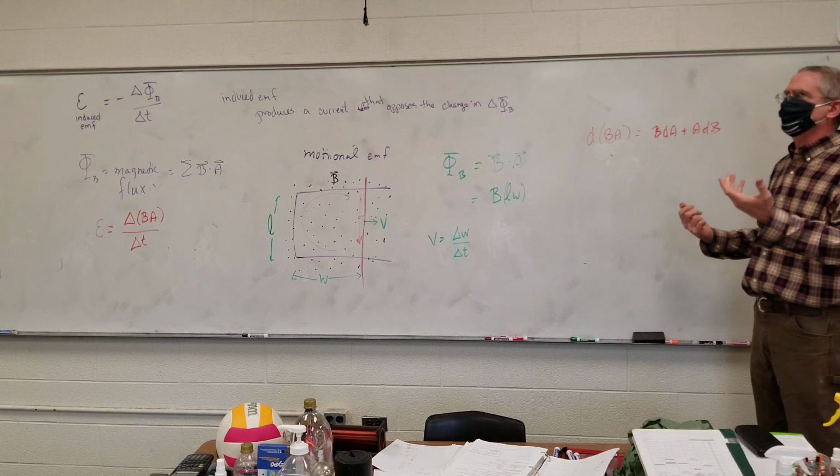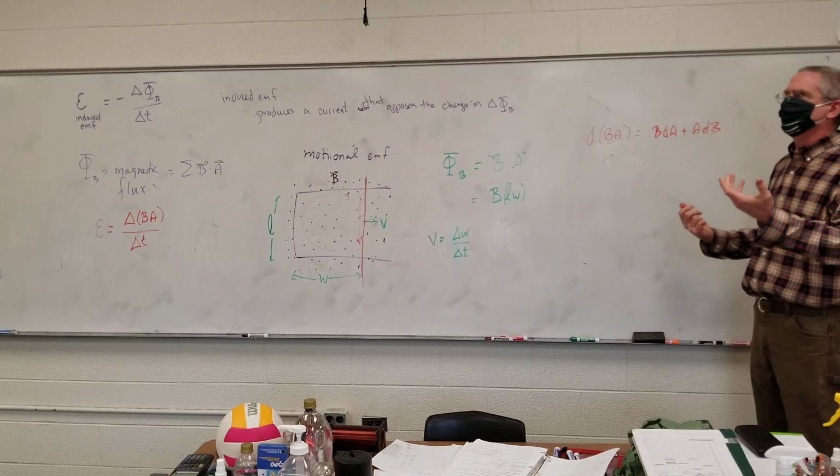Anyway, when you're given a change in two things which potentially could change, it's one of them times the change in the other plus the other times the change in the first thing. I think also known as the product rule, I'm pretty sure. Yeah, it is the product rule. Is this something we'll be expected to know, this relationship? Or is this kind of just to explain something else?